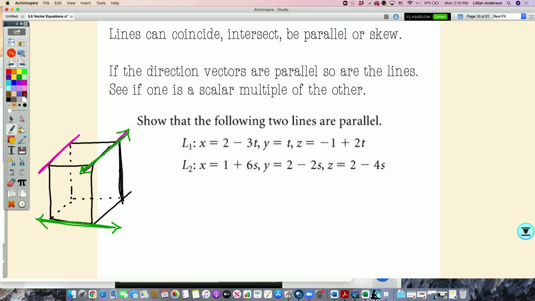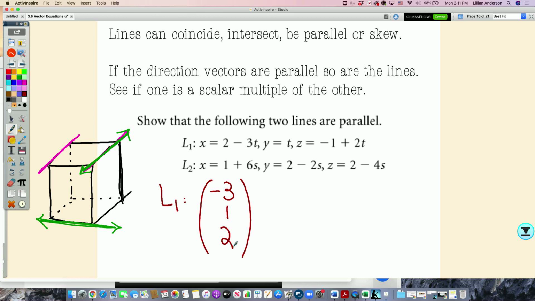So here, what form are these two lines written in? This is parametric. So you need to pull out the direction vector from both of them. From L1, what would be our direction vector? -3, 1, 2. Exactly, -3, 1, and 2. Because if you think about it, remember our direction vector is the vector that's attached to our variable, our scalar.